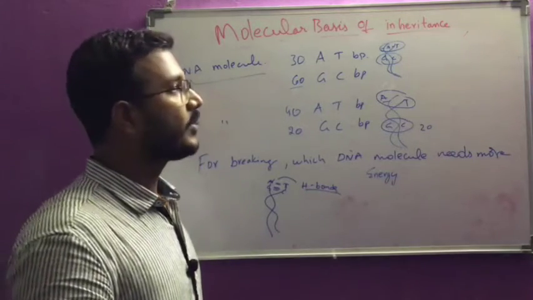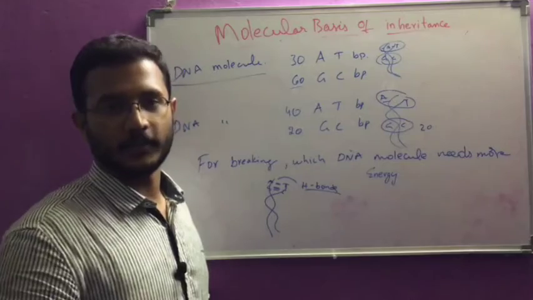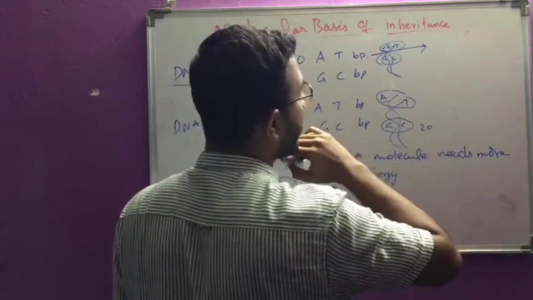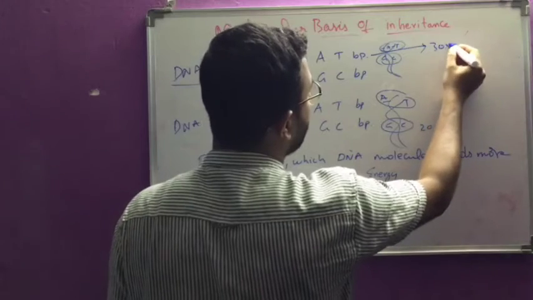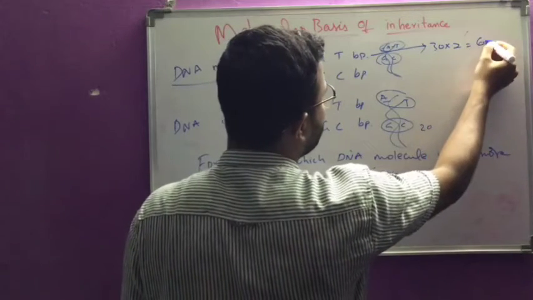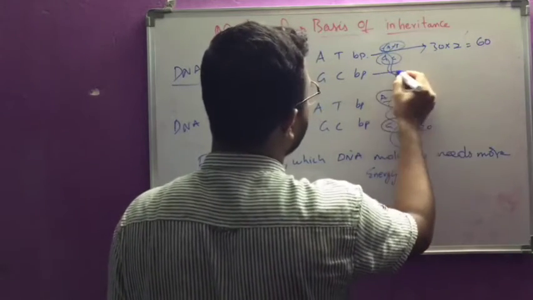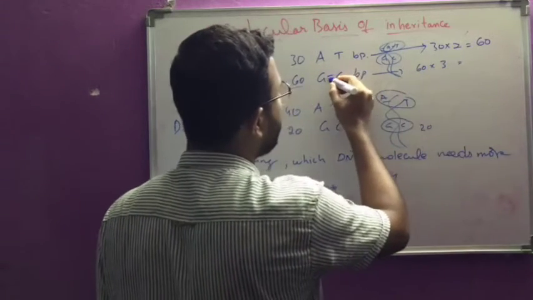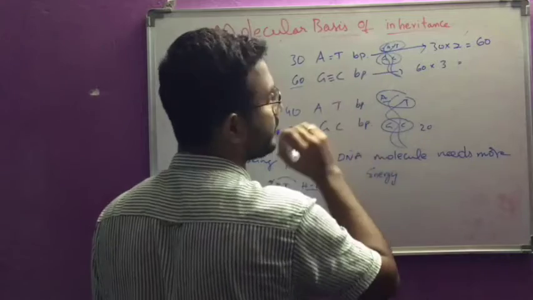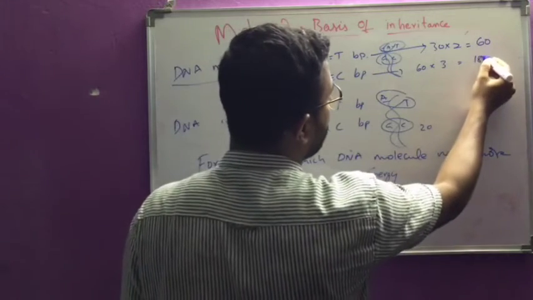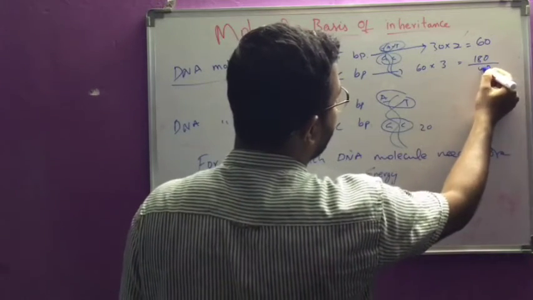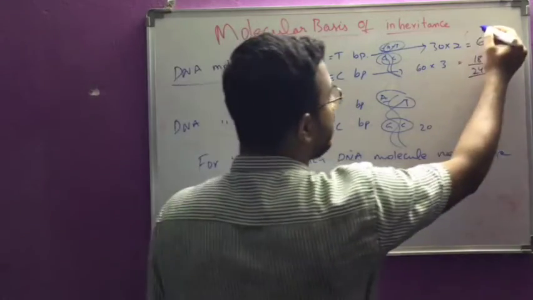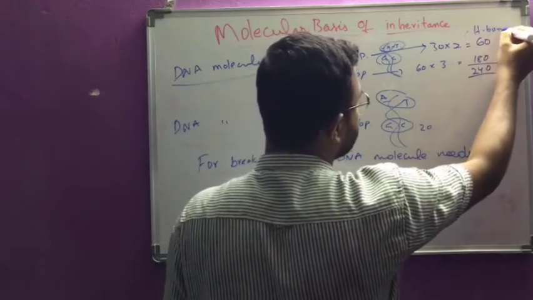So here we have to calculate the number of hydrogen bonds. Adenine-thymine is bonded by 2 hydrogen bonds, so 30 into 2 gives 60 hydrogen bonds, and guanine and cytosine are bonded by 3 hydrogen bonds, so 60 into 3 is 180. Total here is 60 plus 180, 240. So in this DNA molecule we have 240 hydrogen bonds.